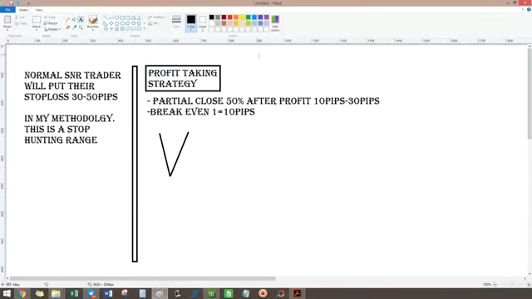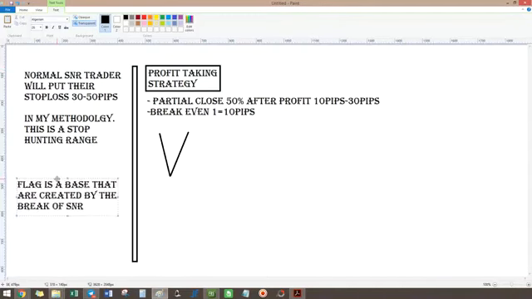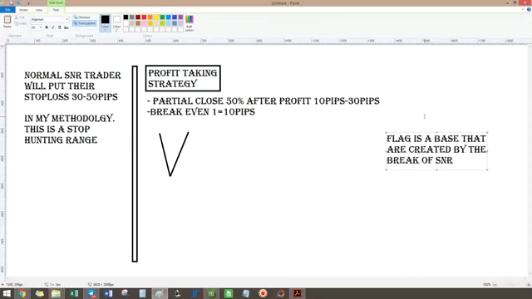First the theory. Flag is a base that is created by the break of SNR. This is the theory of flag, flag theory.